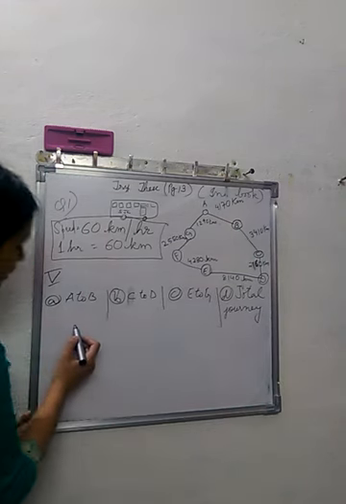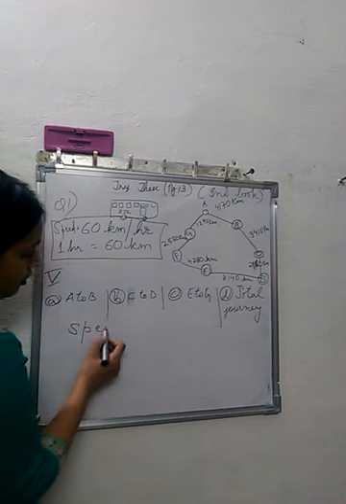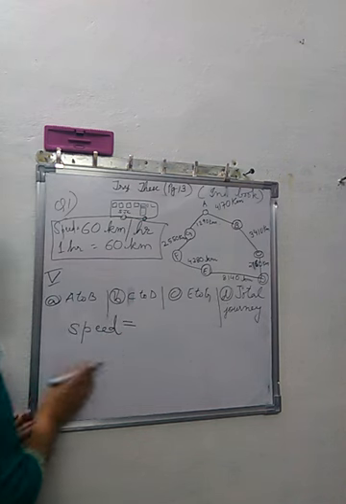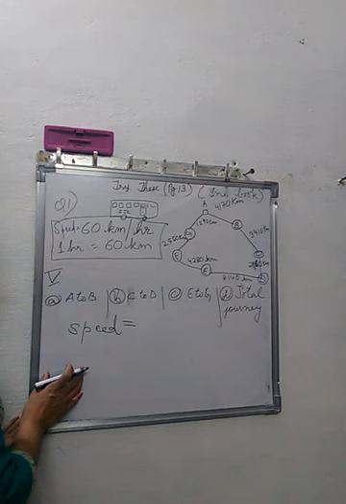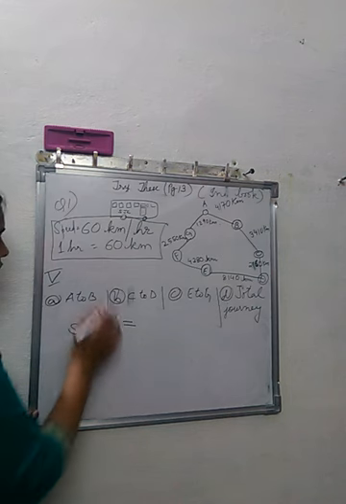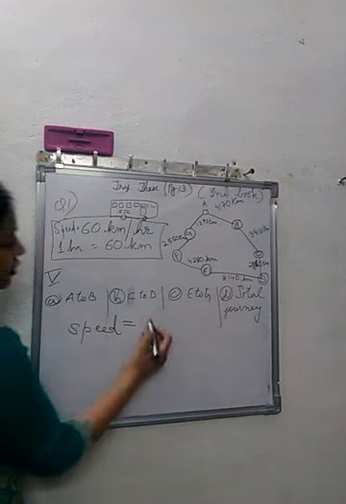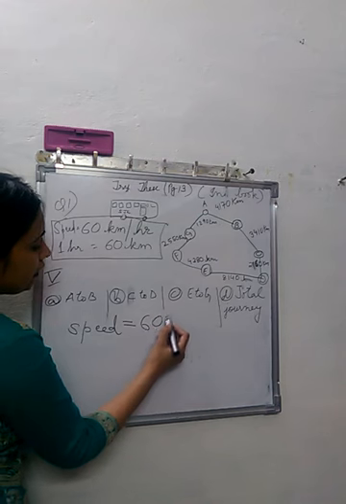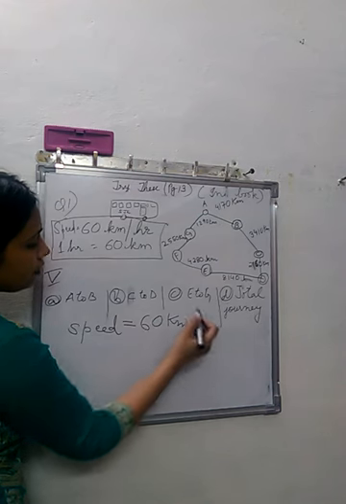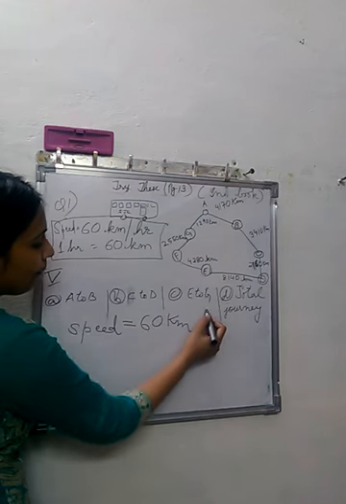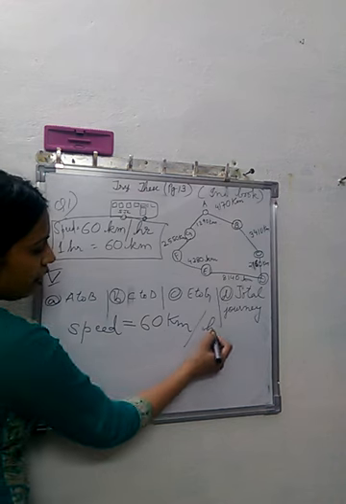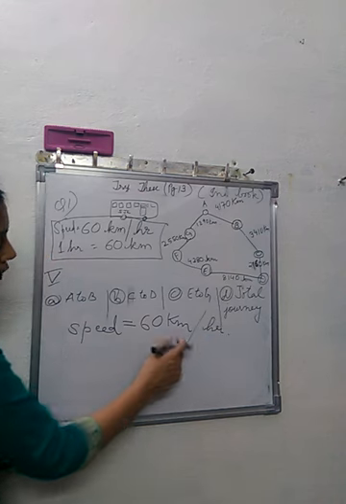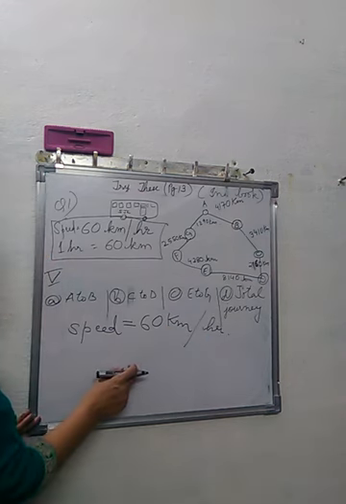Now let's see, this is a small explanation. This you don't have to write, but if you write it at the side of your book, no problem, it depends on you. As you can see, what is written? 60 kilometers per hour. Now this per is a sign of division.